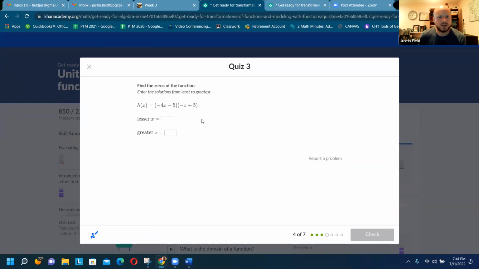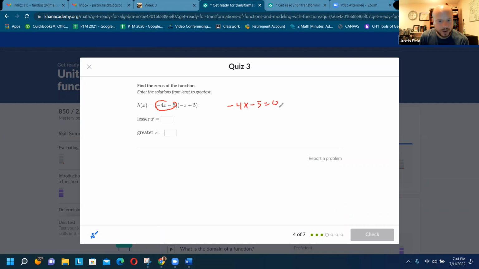Okay, let's keep going. The zeros of the function. We did the 1 zeros, but those were pretty easy. Now for these zeros, just make sure that you remember the zero product property, which is basically you can set the expression equal to 0 and solve it to find the zero. You may be able to do it in your head, but just in case, make sure you solve it out so you don't miss a sign or anything like that.